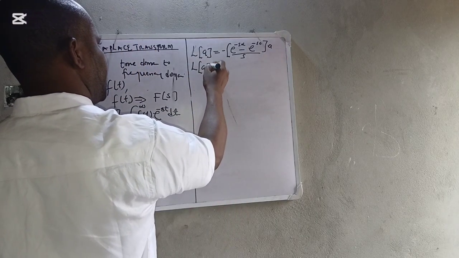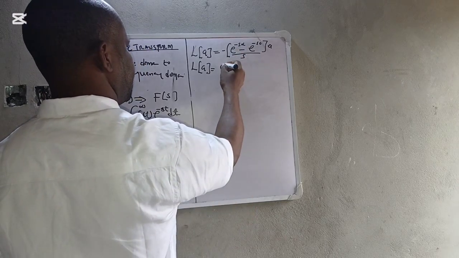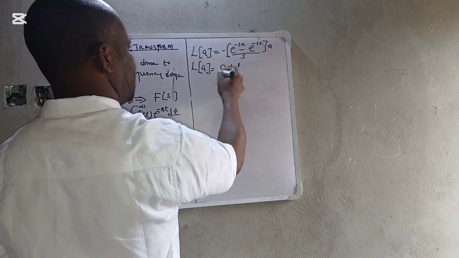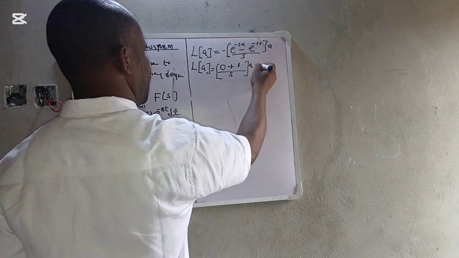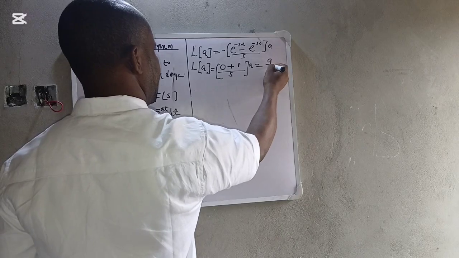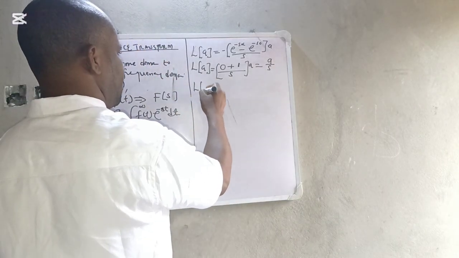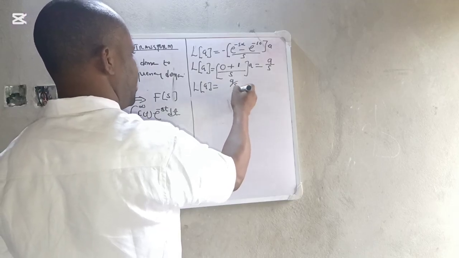So this is giving us 0 divided by s, multiplied by a. So we have a divided by s. So Laplace transform of a is actually a divided by s.